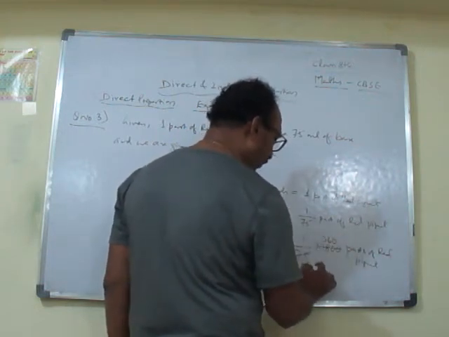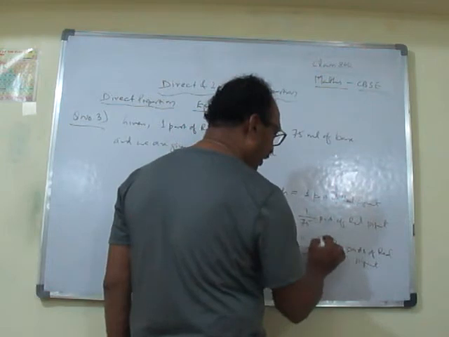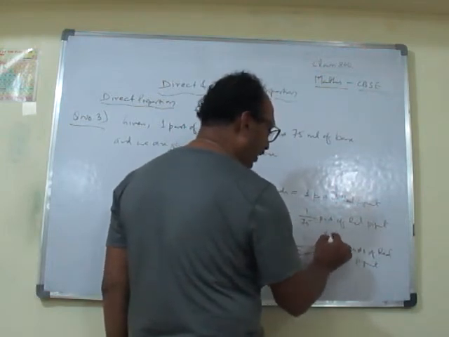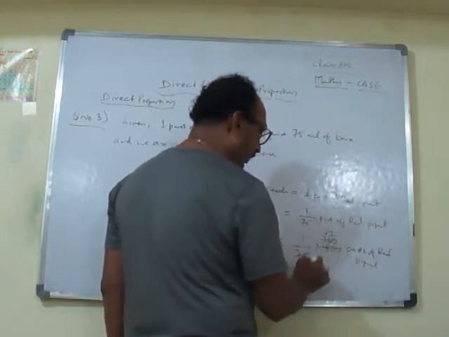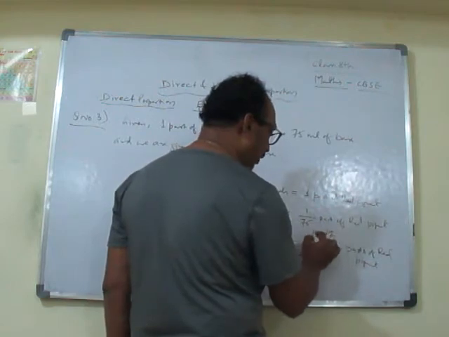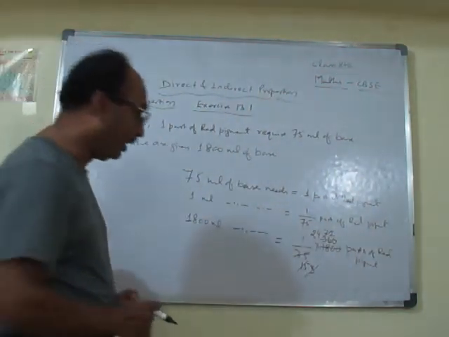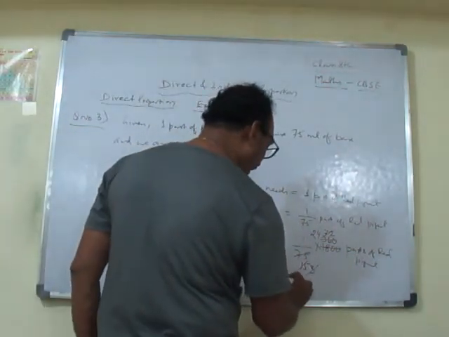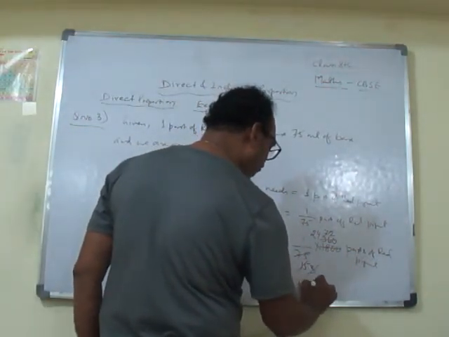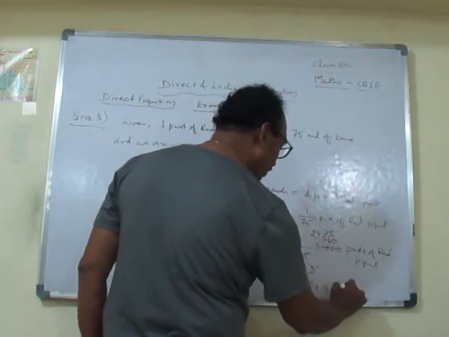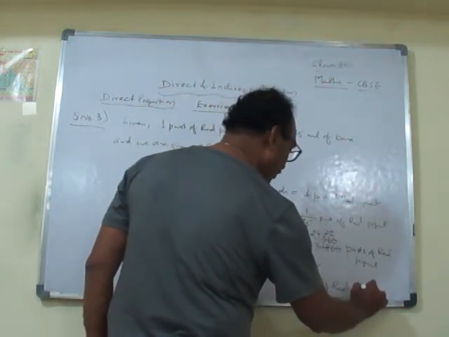Again with 5: 5 3 are 15, 5 7 are 35, 5 2 are 10, 7 to 9 cancels, so 3 2 are 6, and 12, so 24. We are getting 24 parts of red pigment.